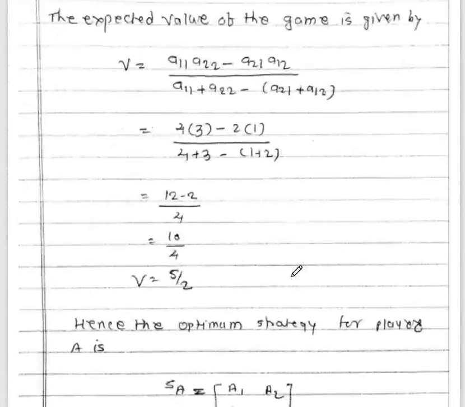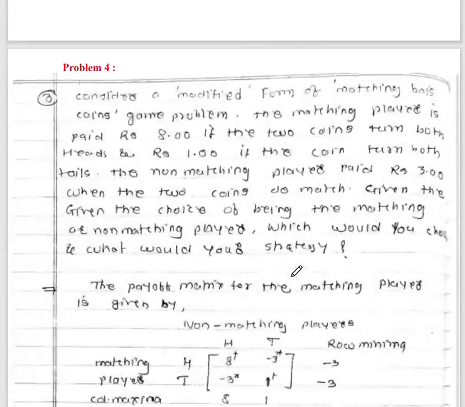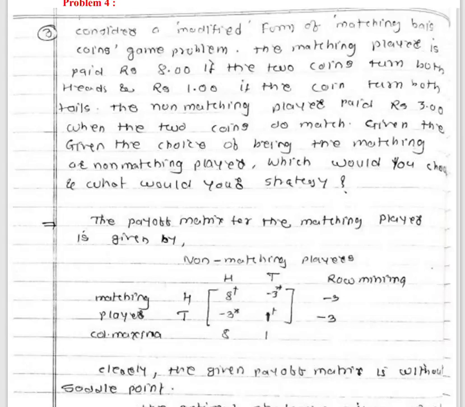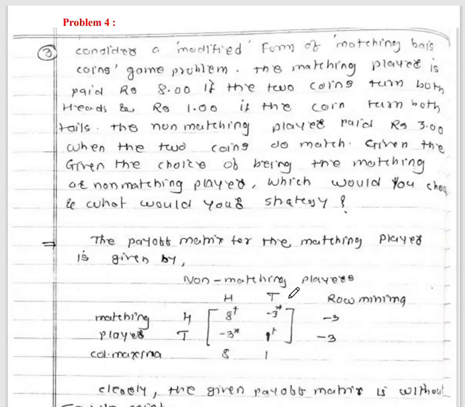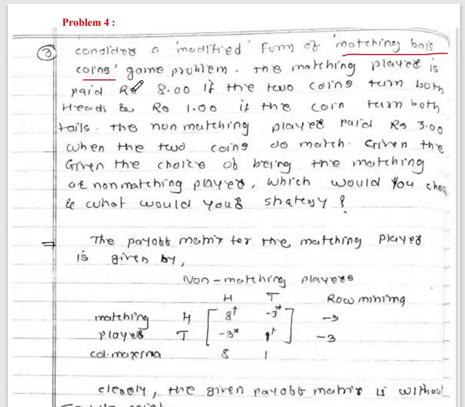Now we will see the next problem, number 4, which is different as compared to the previous problems. This is a theoretical problem. Consider a modified form of the matching biased coin game problem.